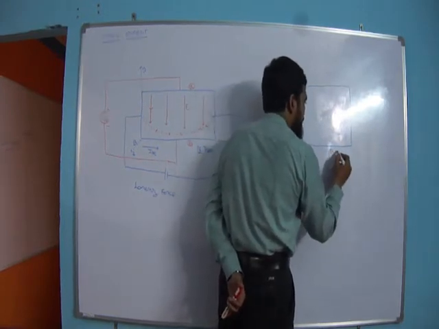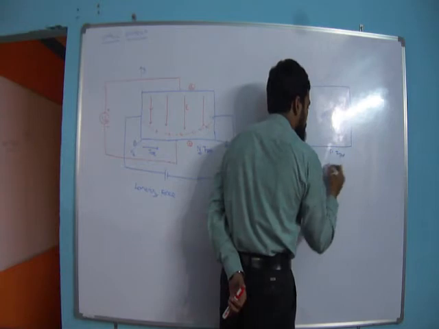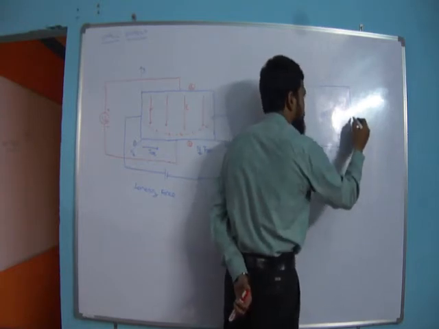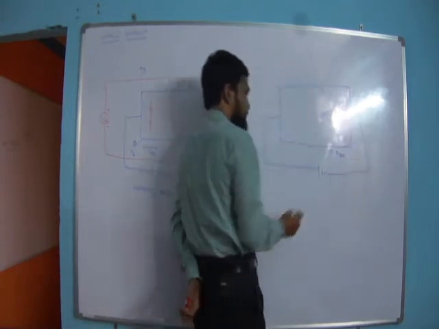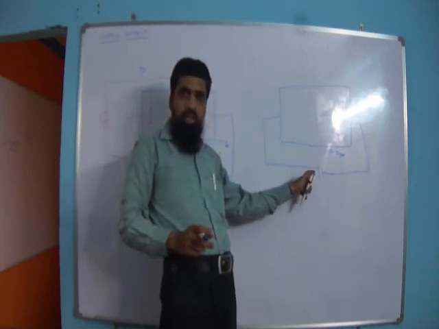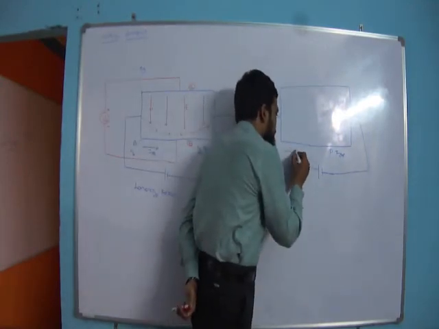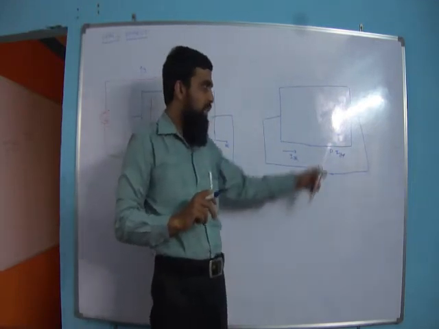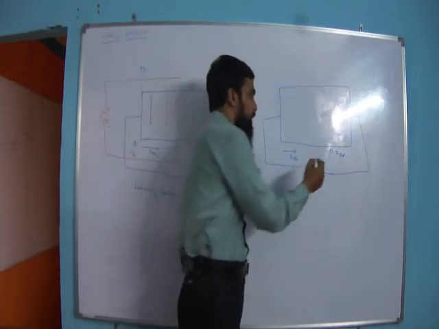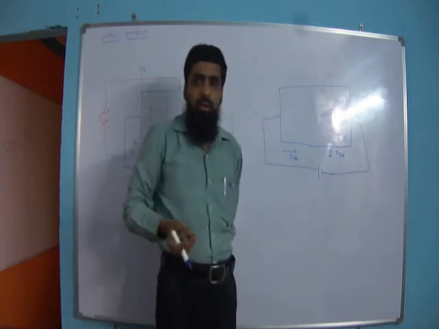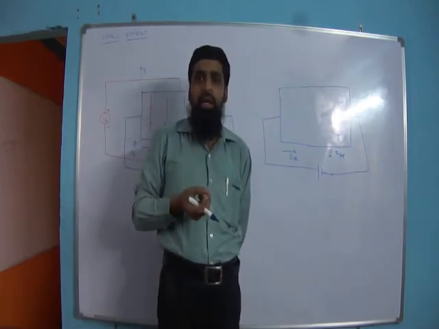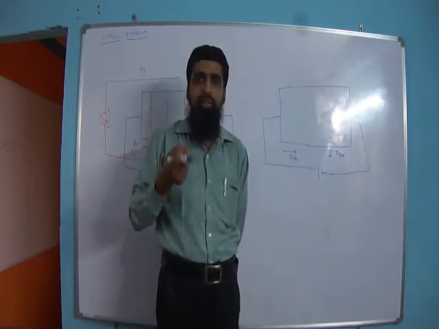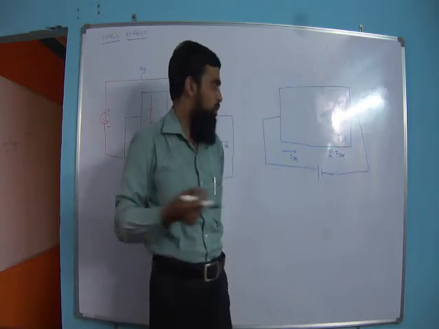Let us take it is p-type, and when you apply a voltage, positive and negative, a current will be flowing in positive x direction. As it is p-type semiconductor, we know in p-type the majority carriers are holes, and the current is mainly because of holes.